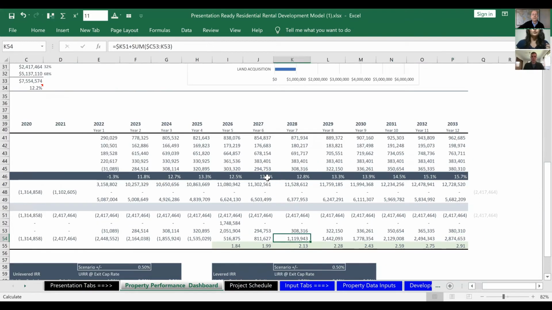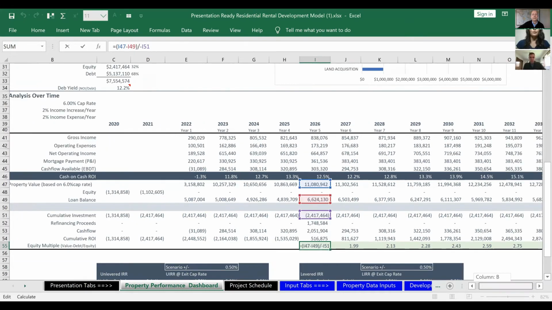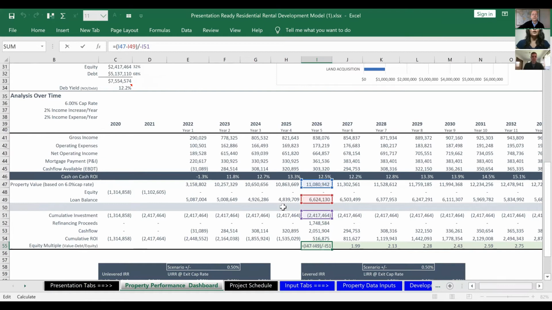Your equity multiple looks at it more as what am I getting for the value. It looks at the property value minus the loan, and then asks how much am I getting back for my investment? In this case, the 1.84 means I've gotten back my 2.4 million, and then I've made 0.8 over that in my investment so far.